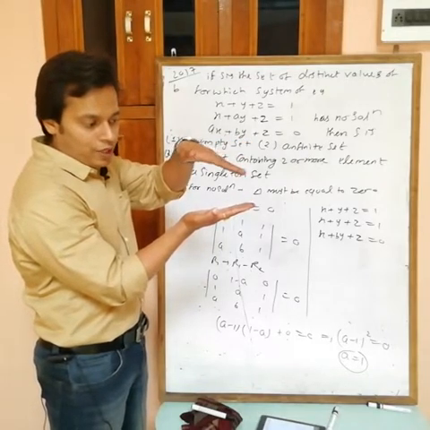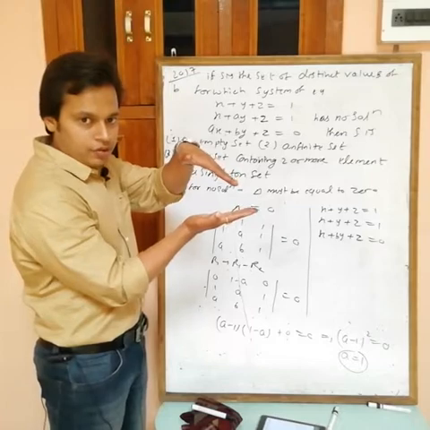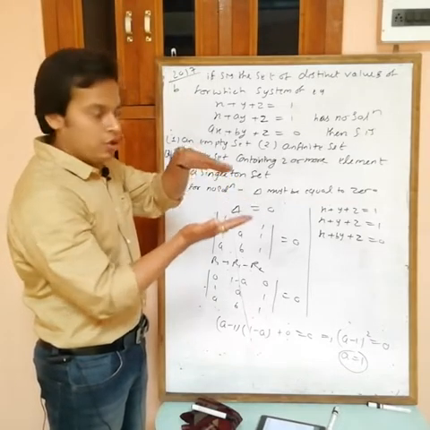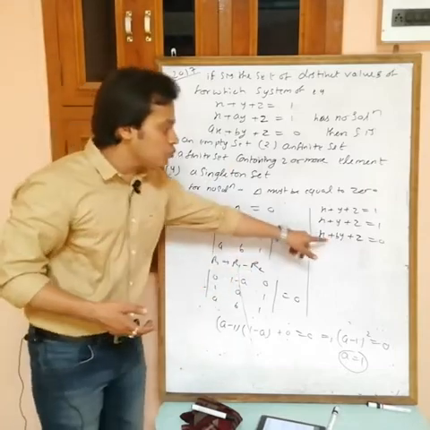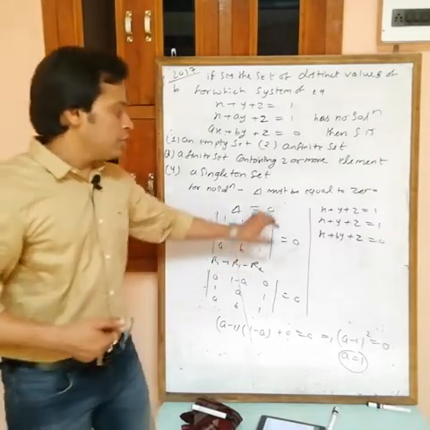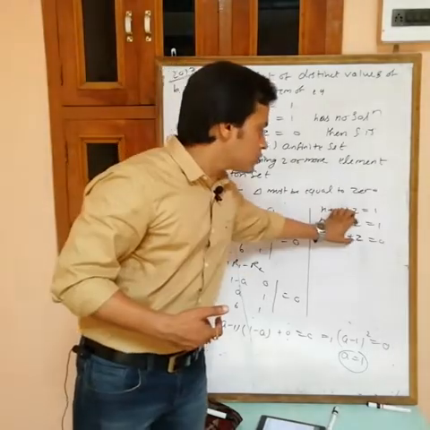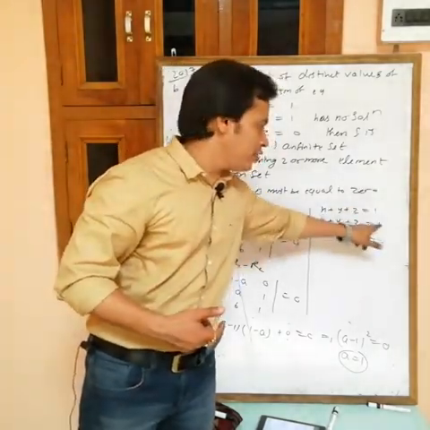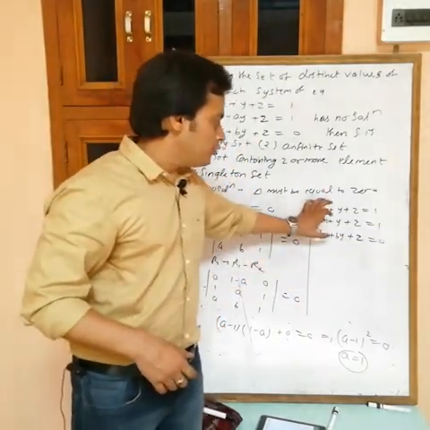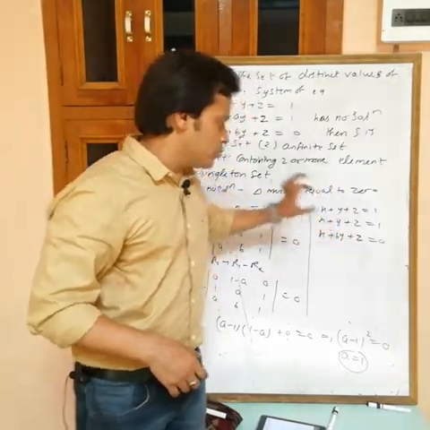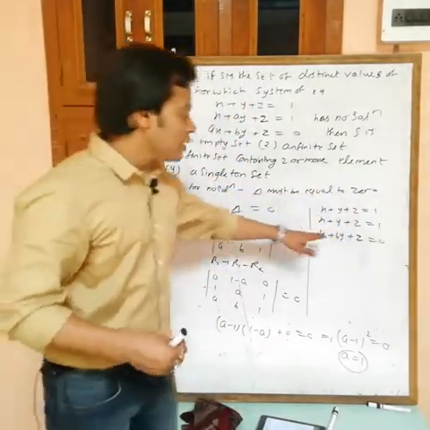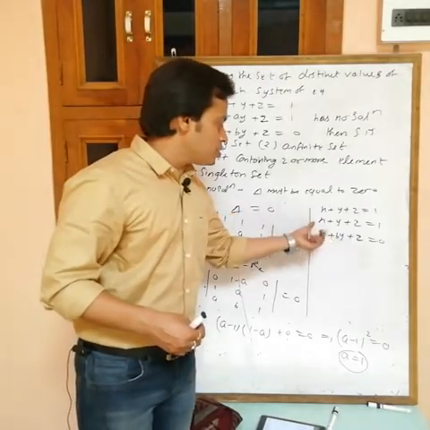So for no solution, this must be parallel to these. The condition of parallel planes is that this ratio equals this one, equals this one, but not equal to this one, and obviously 1 by 0 is not equal to this ratio. This ratio is 1, this one is 1, so this must be 1. So for no solution, b must be equal to 1. If b equals 1, then this plane is parallel to these.